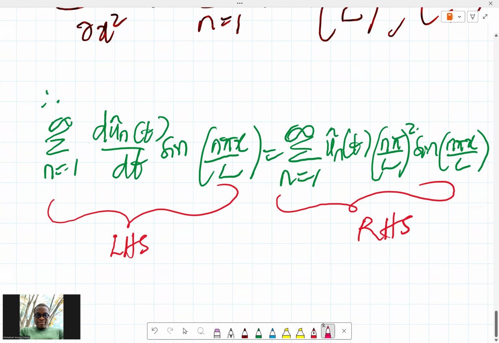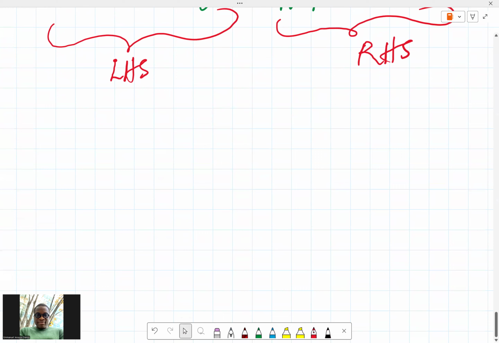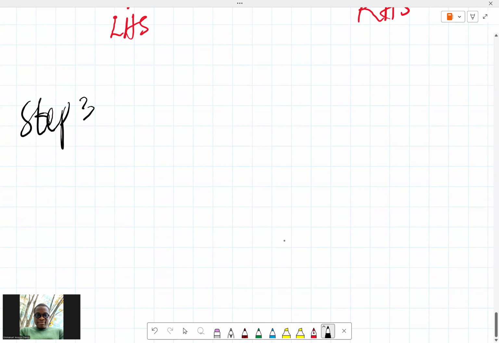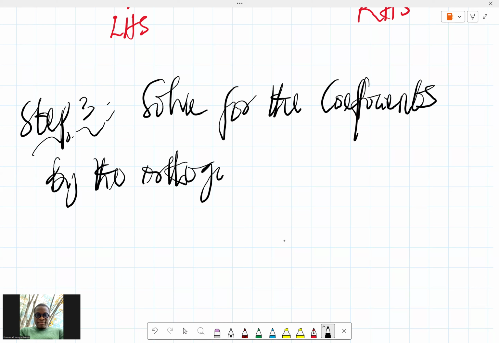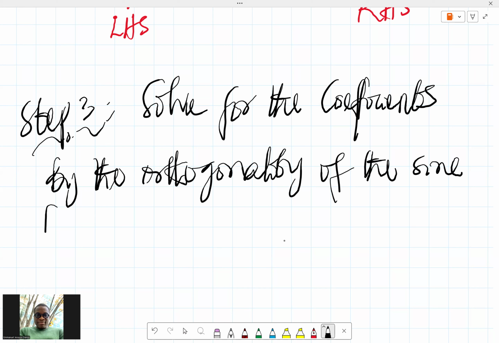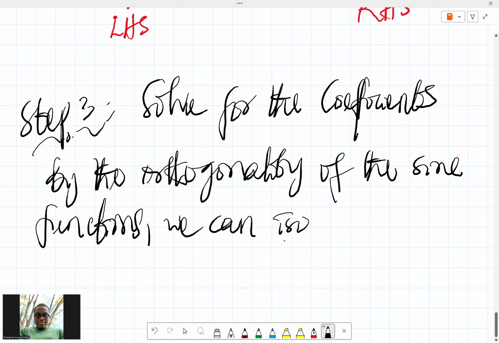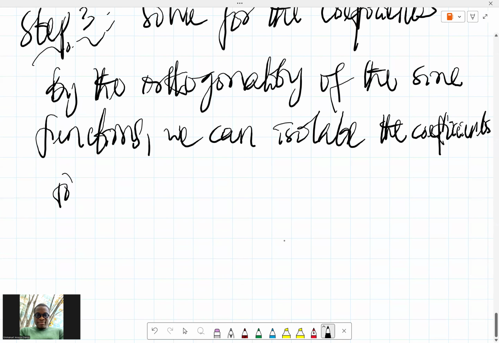So next we have step 3, we solve for the coefficients. By the orthogonality of the sine functions, we can isolate the coefficients for each n.